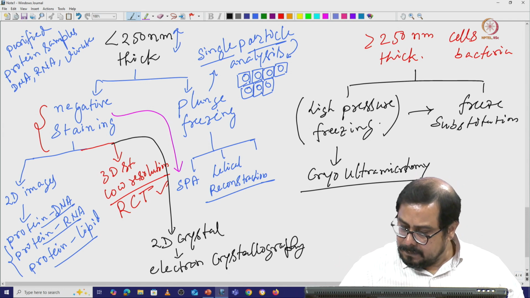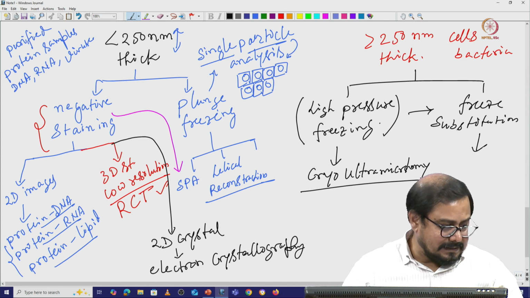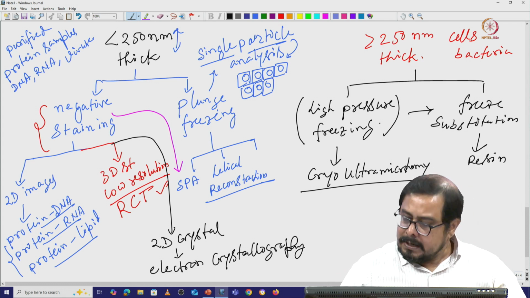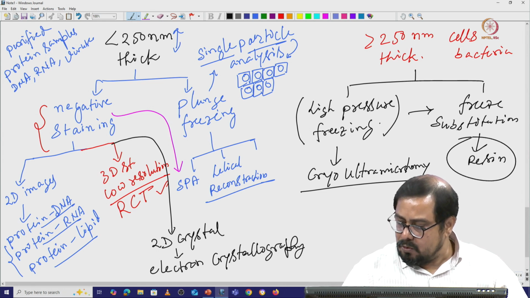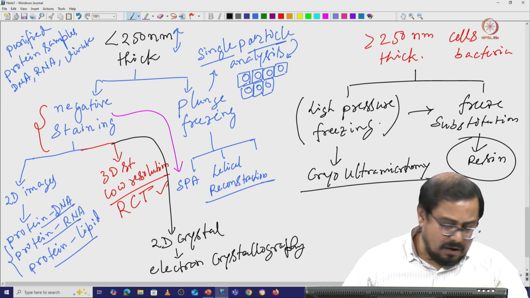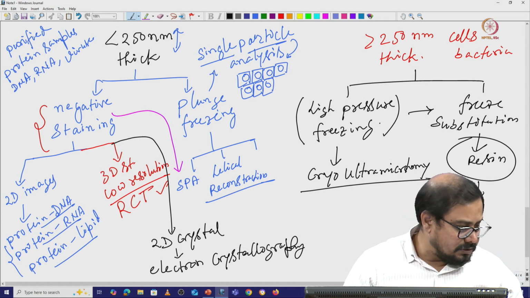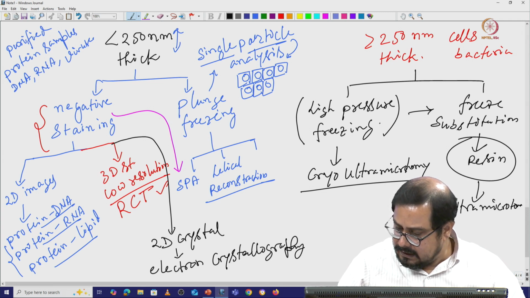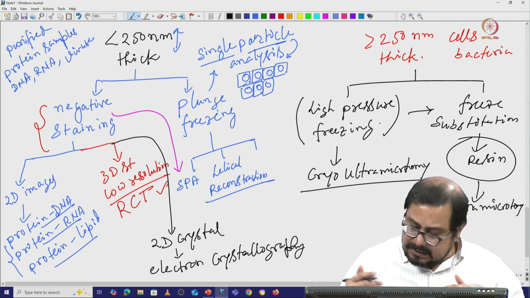So, here we can use resin and form that resin block. I will come back to this step again when we discuss the different types of sample preparation. So, when we have this, we use that ultramicrotome again, ultramicrotome techniques again to do the section.